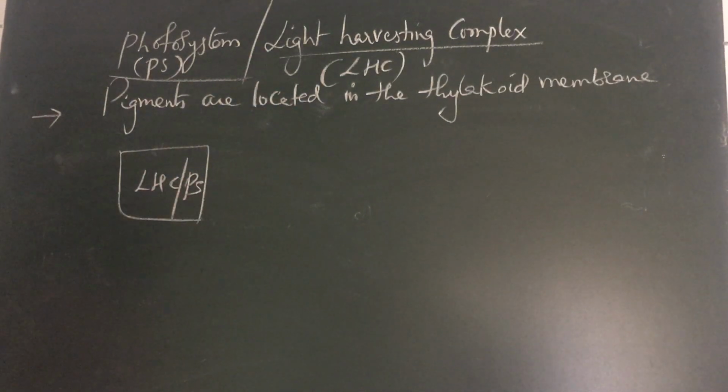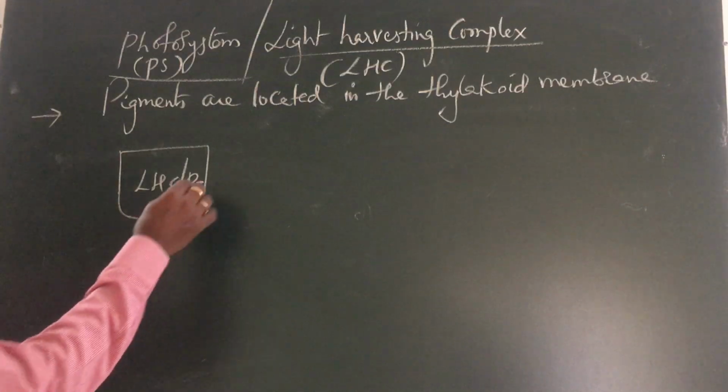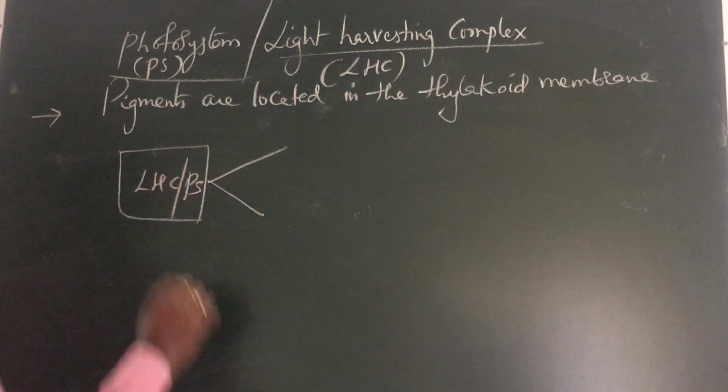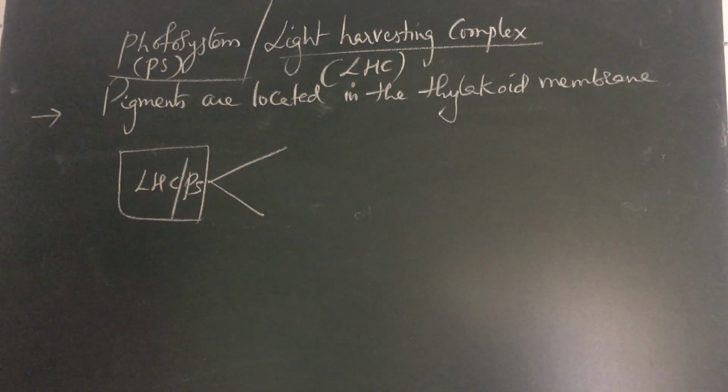The light harvesting complex or photosystem consists of LH, light harvesting molecules, antenna.